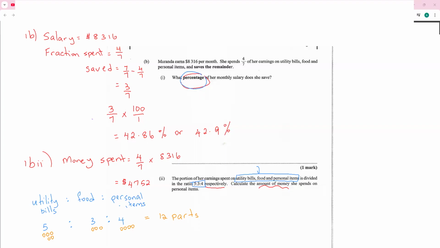What information did they give us? We know that the money that was spent was broken into 12 parts. I'll use P for parts.